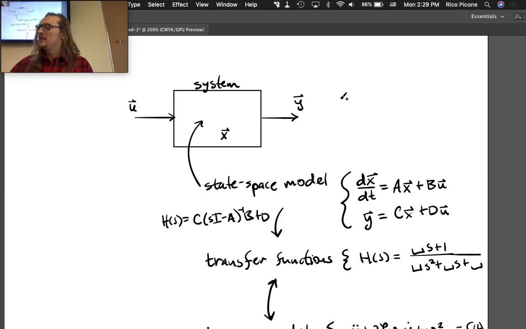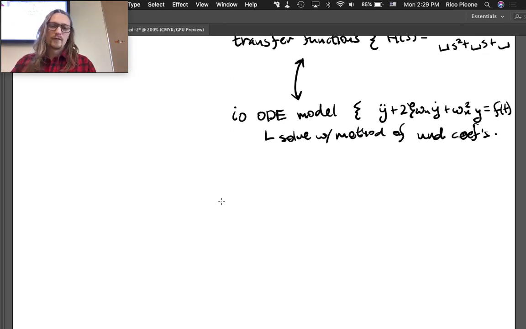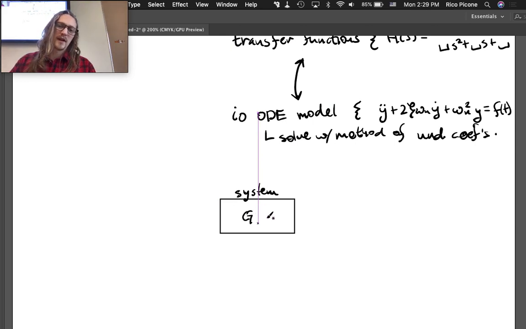And the solution is feedback. I'm going to redraw our system down here. So here's our system, and say it has transfer function G(s).